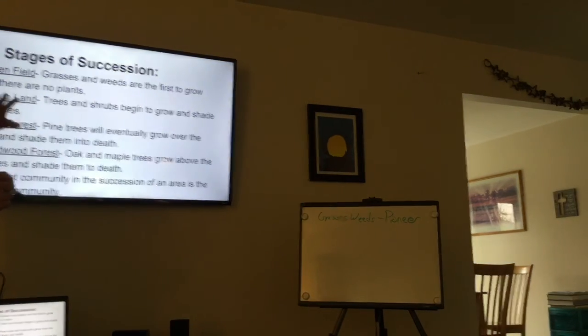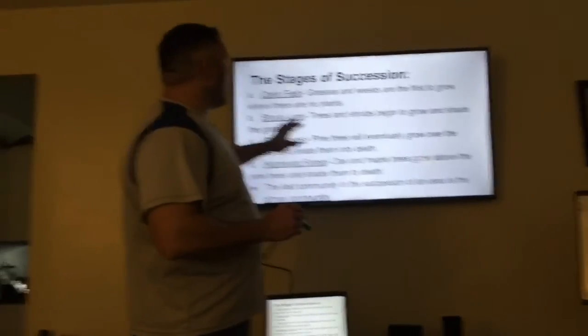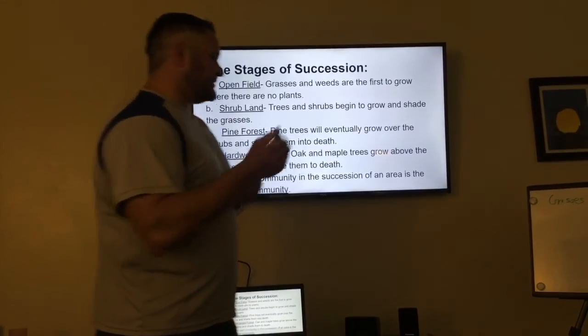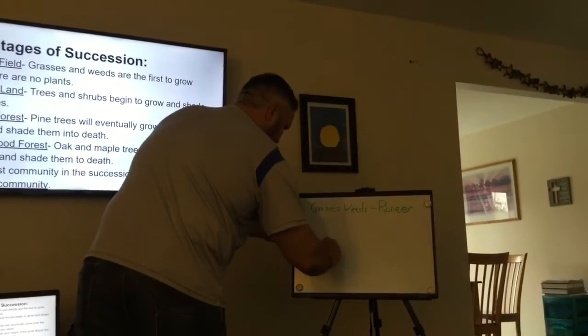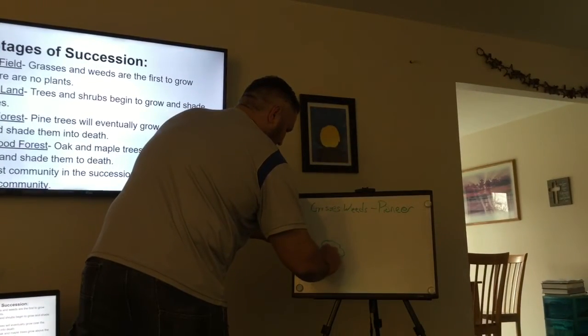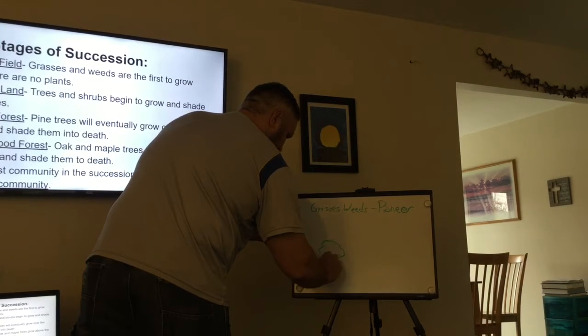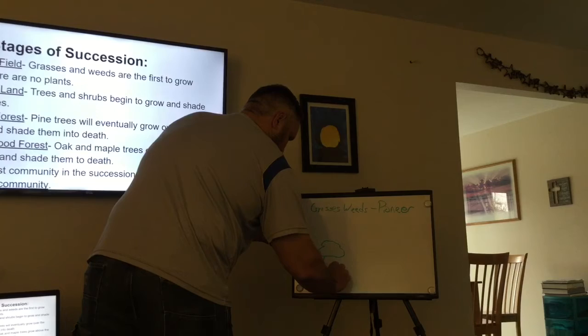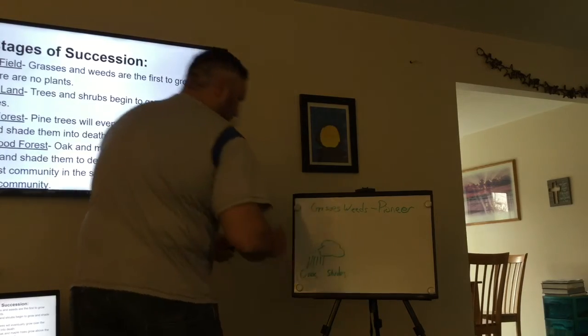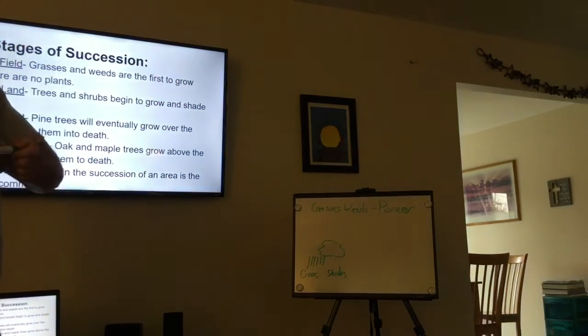After the pioneer species in your open field, then we're going to move into your shrubs. So if you have some grass, the shrubs are tall enough that they block the light. Well, what's bigger than a shrub?